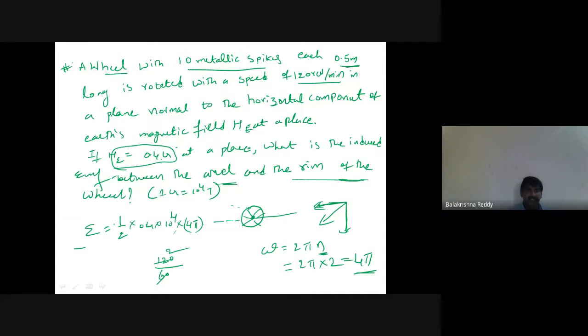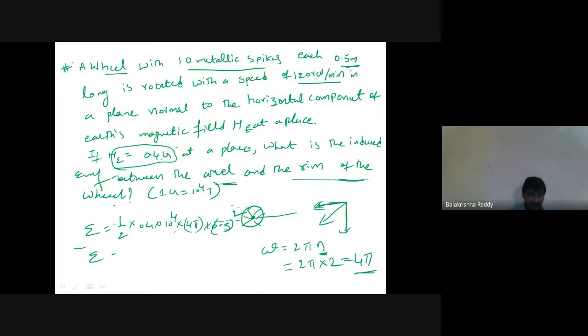Next, the radial distance. How much is the radial distance given in the question? 0.5 meters for the 10 metallic strips. So 0.5 into 0.5, whole square, since it is r square.